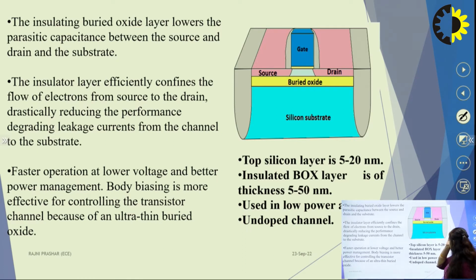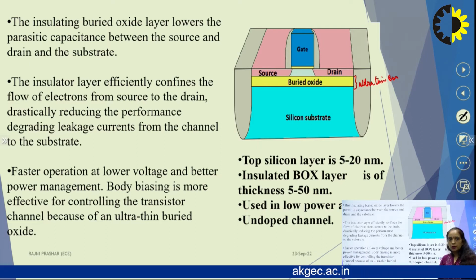Here we can see that we have a very thin, ultra thin BOX layer. We have the silicon substrate, buried oxide, and we have the silicon layer over which source and drain areas are defined. So the insulating buried oxide layer lowers the parasitic capacitance between the source and drain.